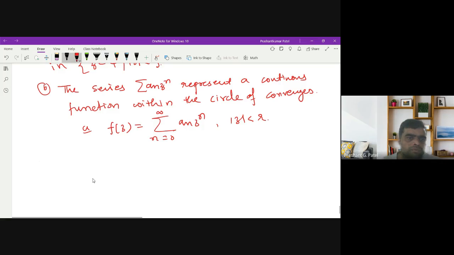So the proof is very straightforward if we use the Weierstrass M-test. What is the Weierstrass test?